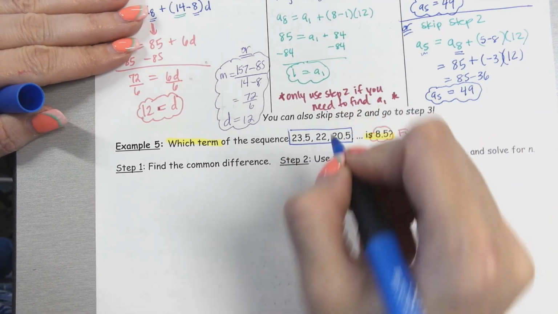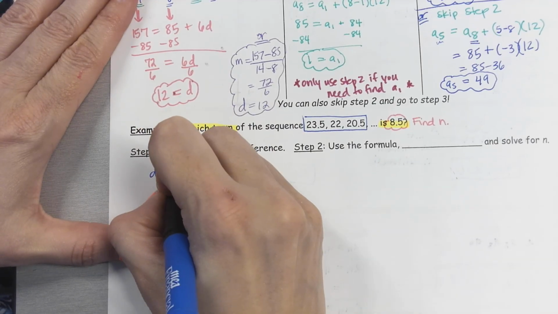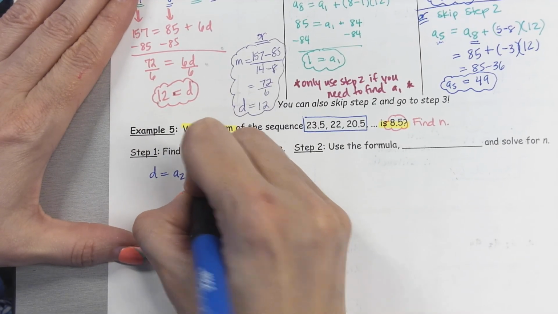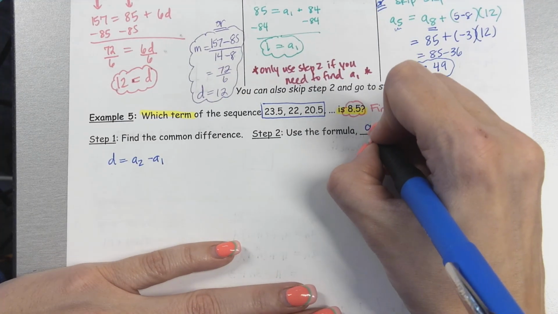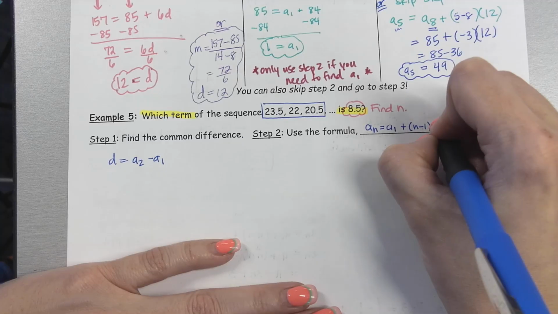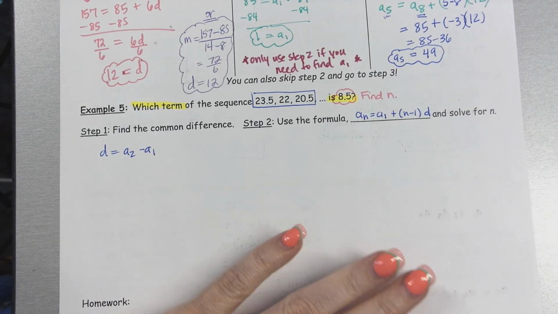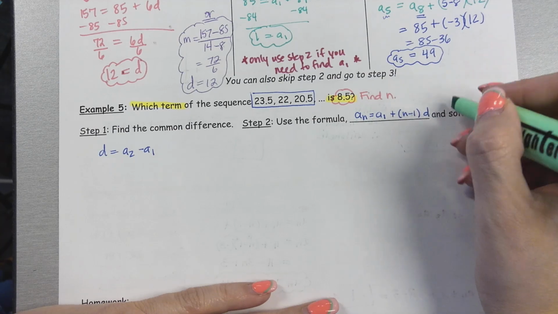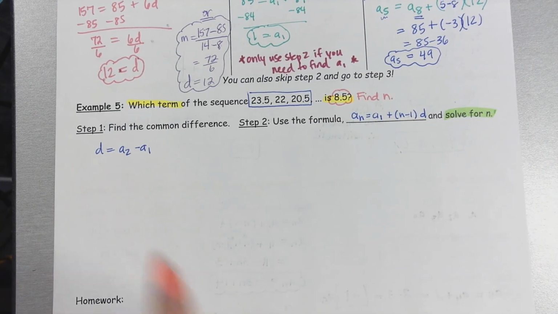So what I want you to do is find the common difference. If you can plug it in here and solve for n, that would be great. If you need some help with that, I'll show you what to do. Okay, but I definitely want you to find the common difference, and I want you to plug that into the equation.